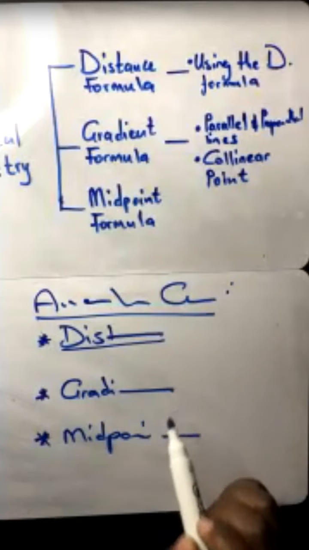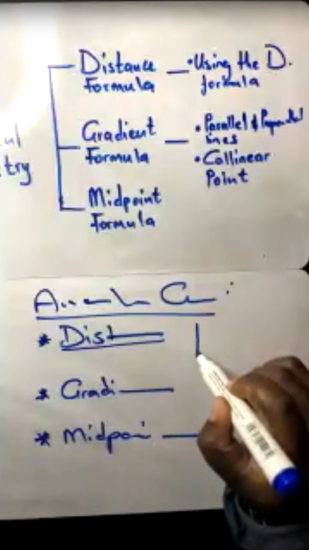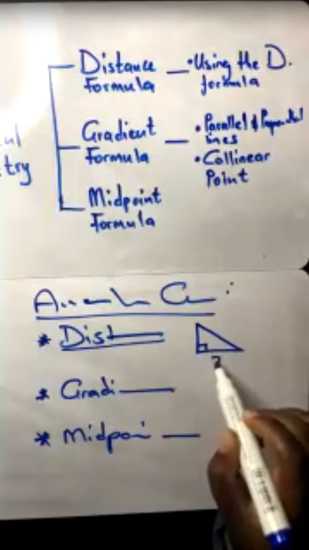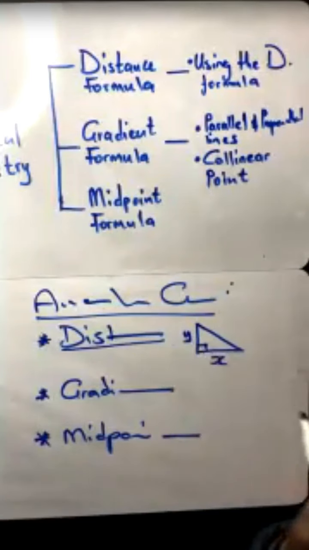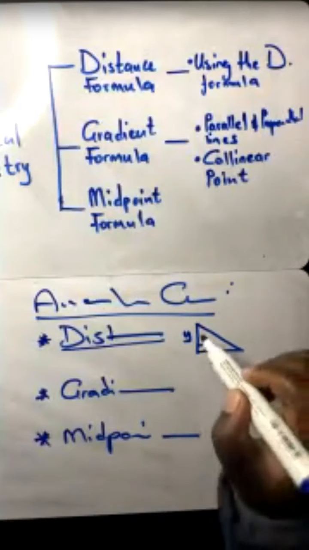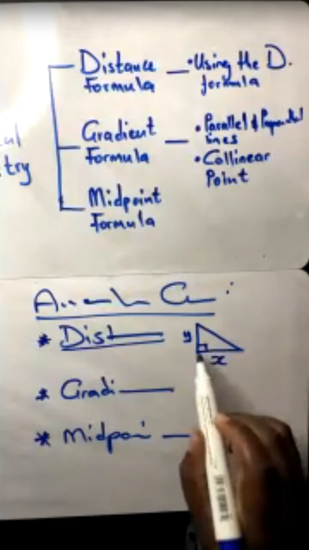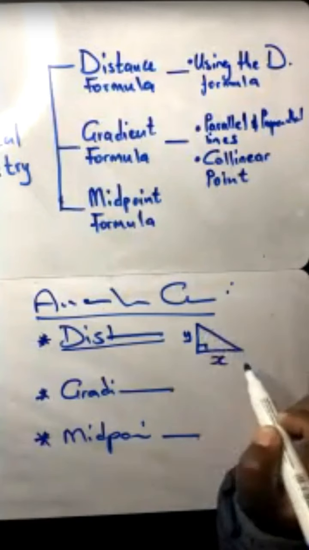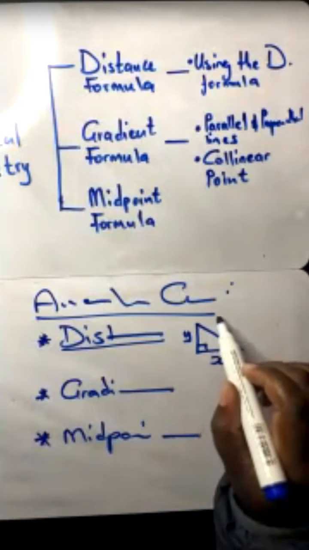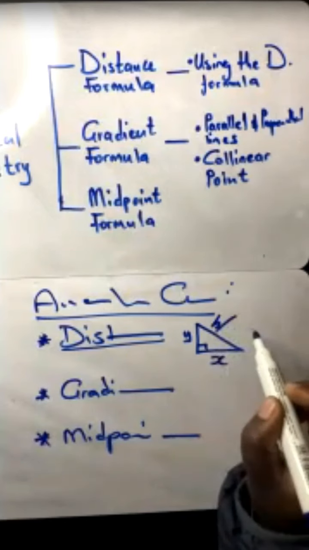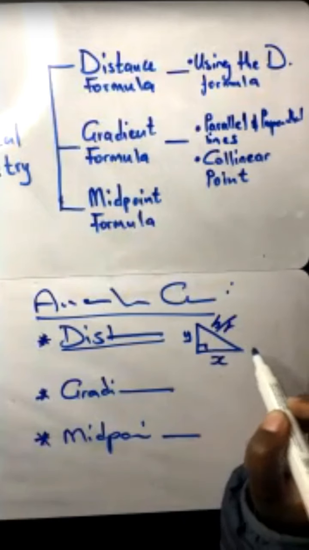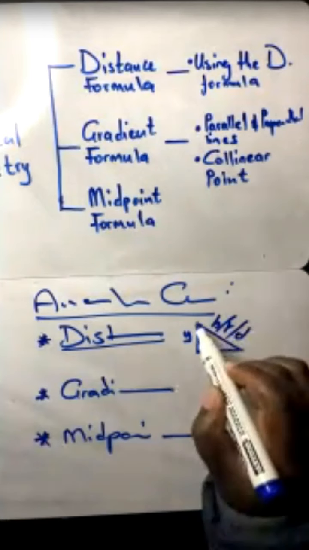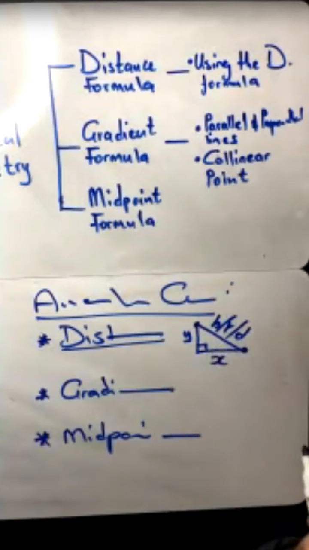I'm not sure if you remember that right-angled triangle where we've got x and y. If this is the opposite, this is the adjacent, and this is the hypotenuse, we can refer to that as h, or r, or just d, which means the distance from that point up to that point.